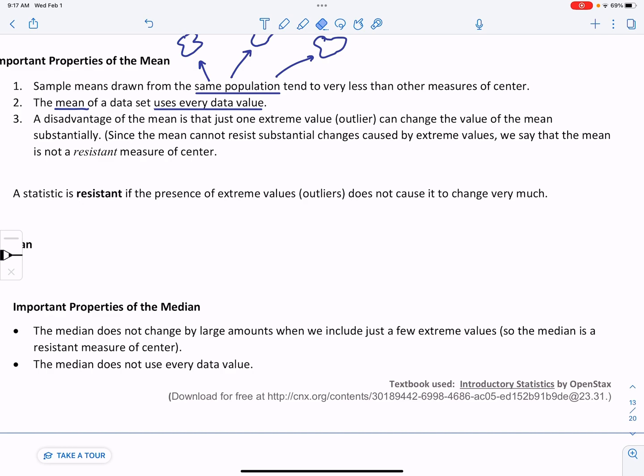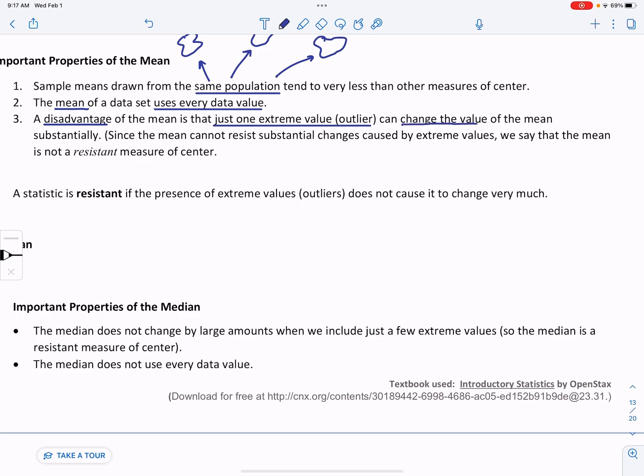One downside to the mean, and we've touched on this in class as far as looking at real estate values, is that one extreme outlier, so one really high real estate value or one really low real estate value, can change the value of the mean.